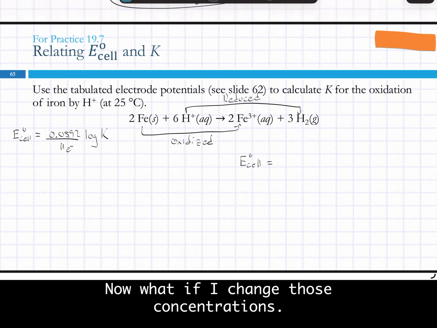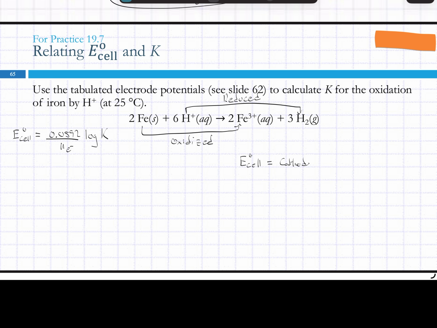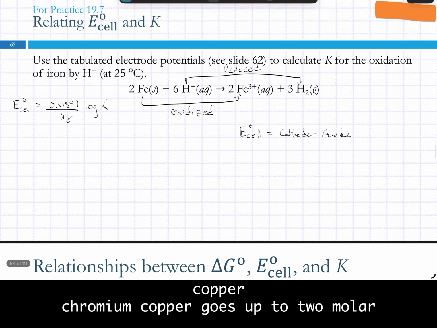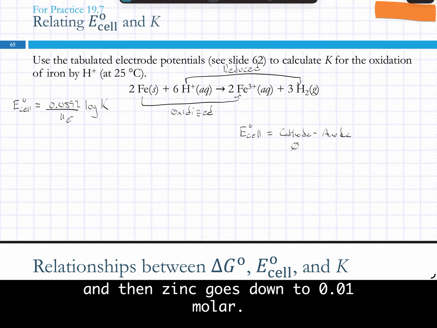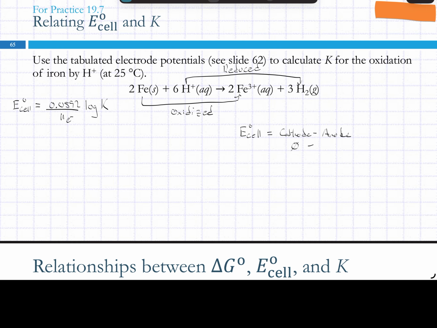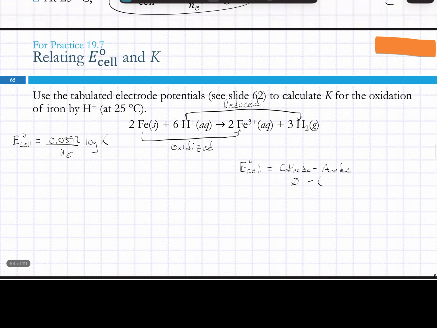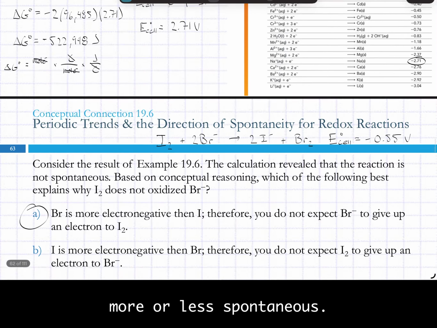Now, what if I change those concentrations? If copper goes up to 2 molar, and then zinc goes down to 0.01 molar, is that going to make this reaction more or less spontaneous?